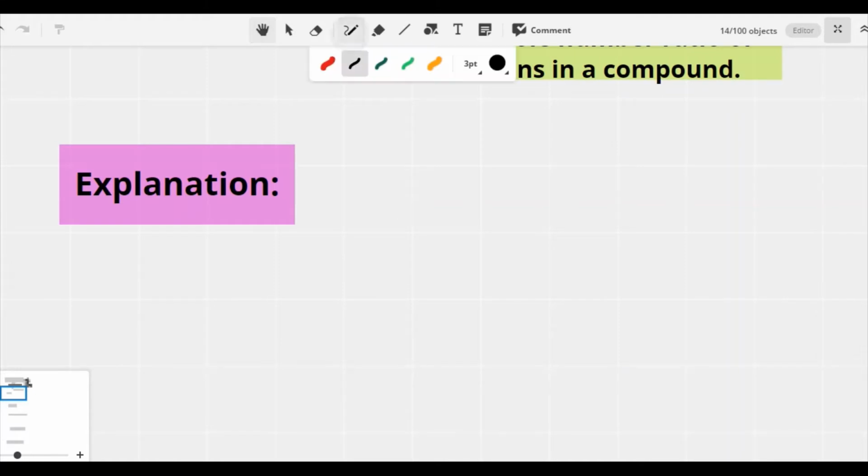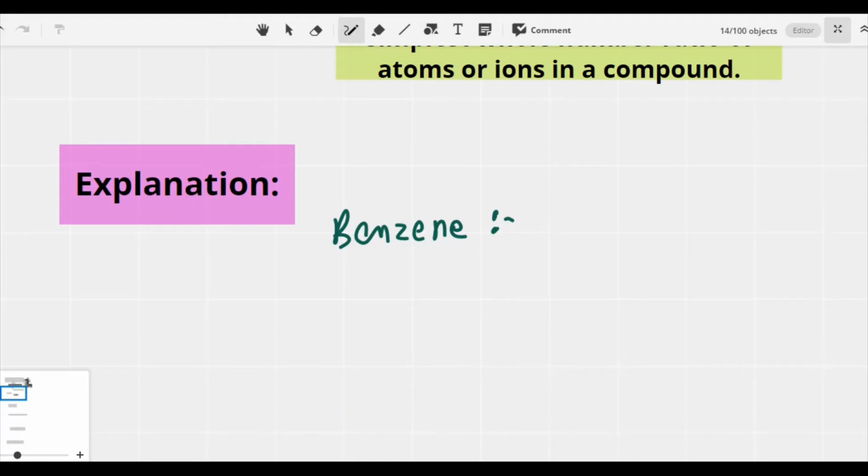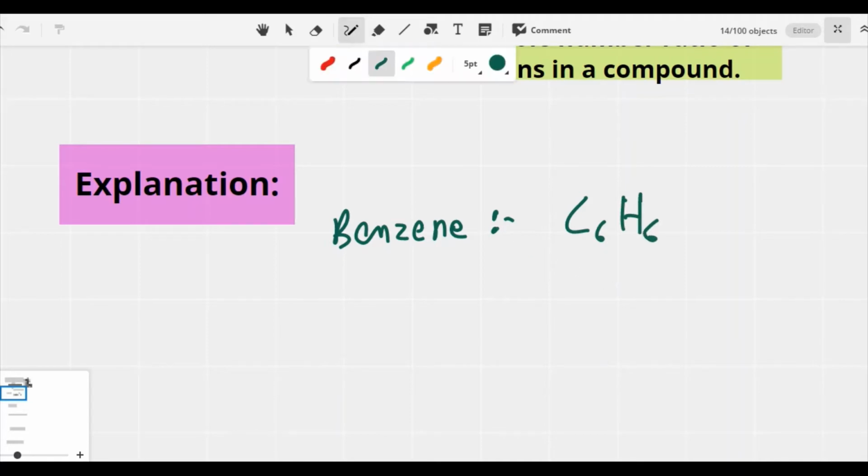For example, take benzene. The actual number of atoms present in benzene is 6 carbon and 6 hydrogen. So the molecular formula is C6H6.